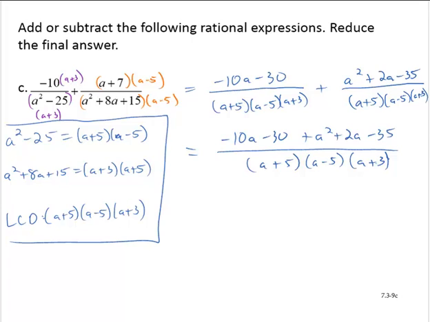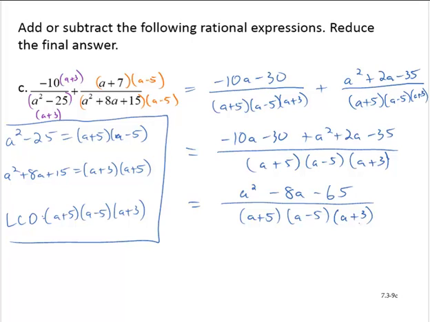And I can combine the like terms in the numerator, yielding a squared minus 8a minus 65 over the common denominator, a plus 5, a minus 5, a plus 3.